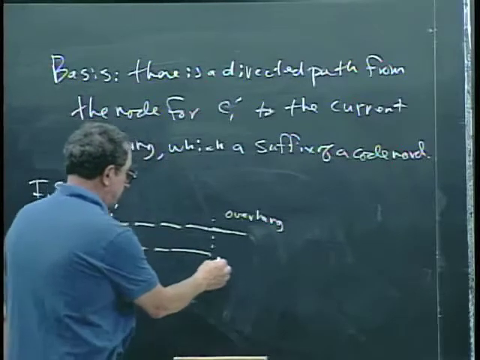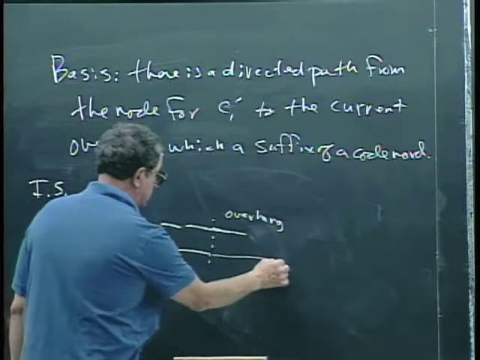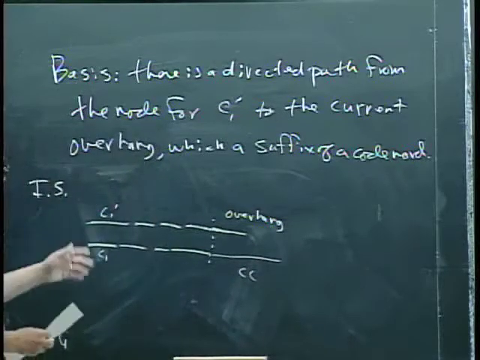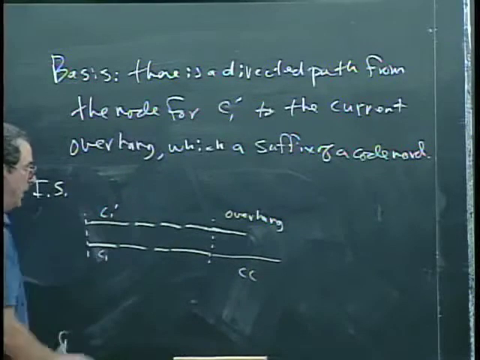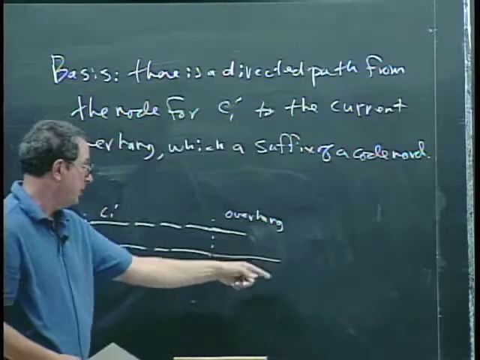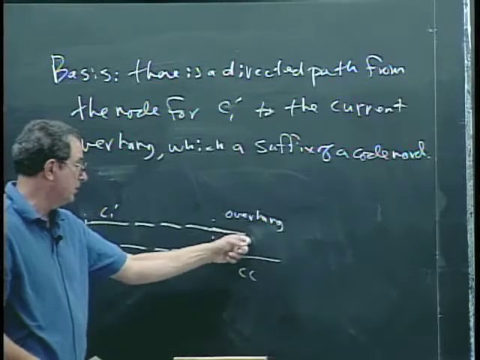So let's say we put in the next code word, CC, that's the next new code word, and it goes in the shorter of the two. And in fact, it extends beyond the longer parse.